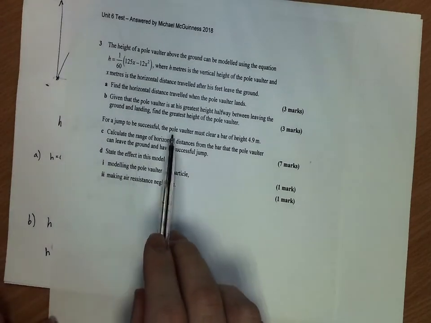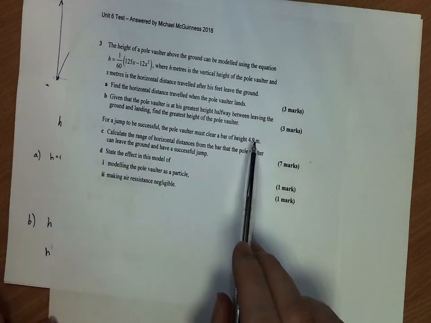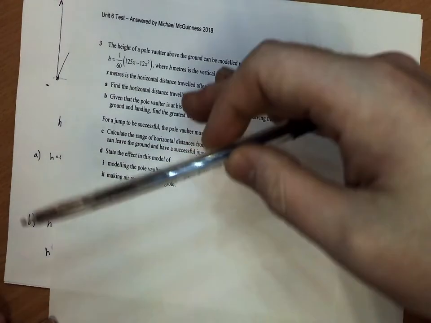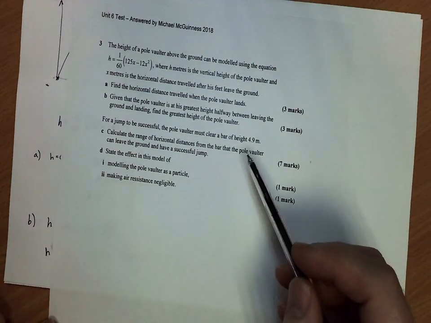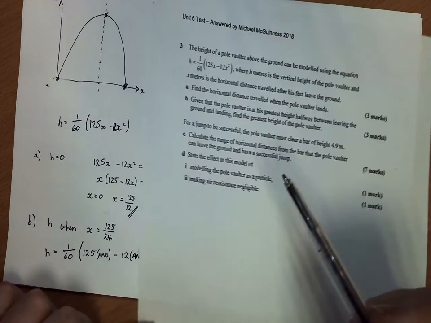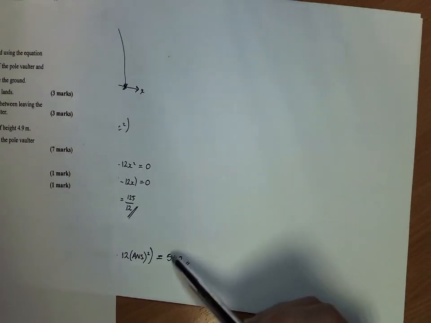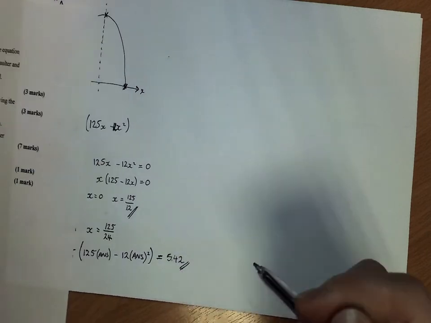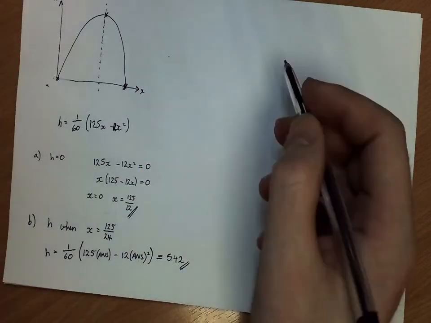Part C. For a jump to be successful, the pole vaulter must clear a bar of 4.9 metres. So like we saw in the video, they will actually go a bit above the bar, and he clearly does because he went 5.42. So this answer does make sense in context of the question. But there is a whole space where he is actually above 4.9.